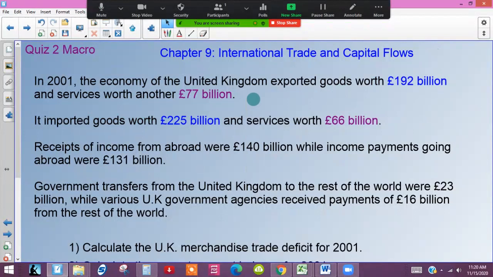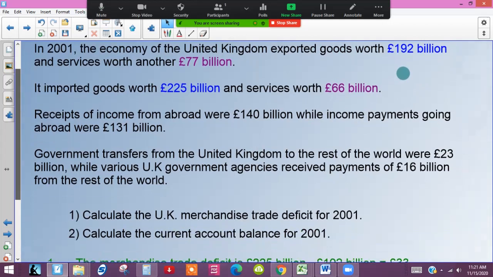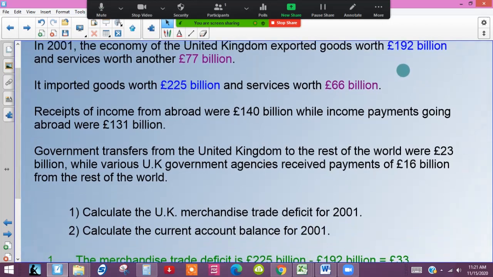The UK imported goods worth 225 billion pounds and imported services worth 66 billion pounds. So with this first bit of information, we can answer the first question, which is to calculate the UK merchandise trade deficit for 2001.